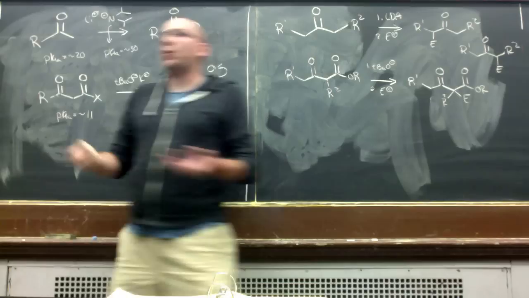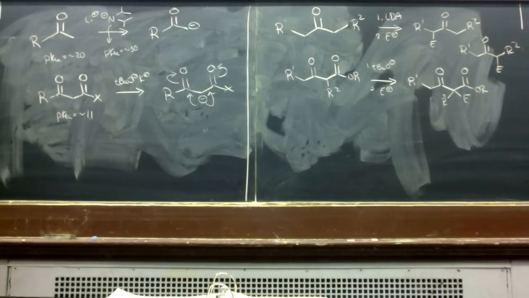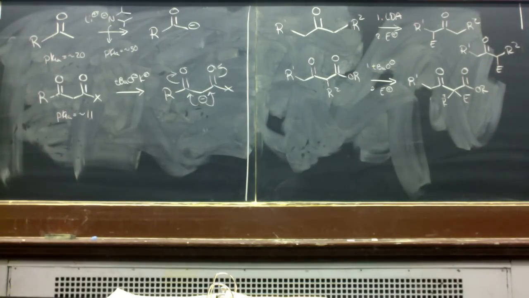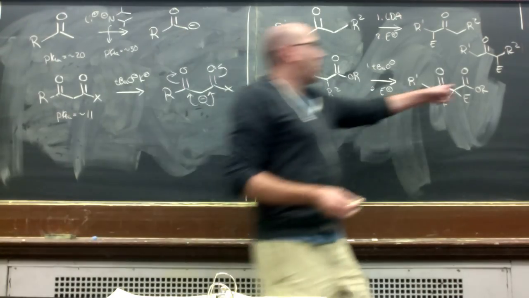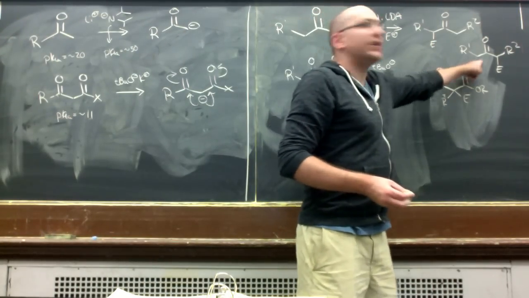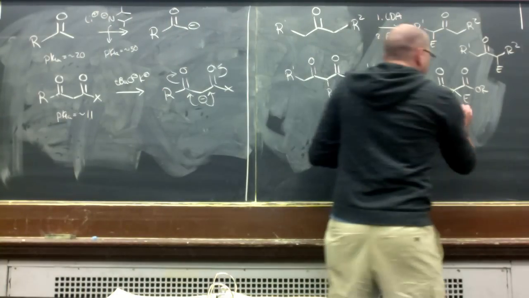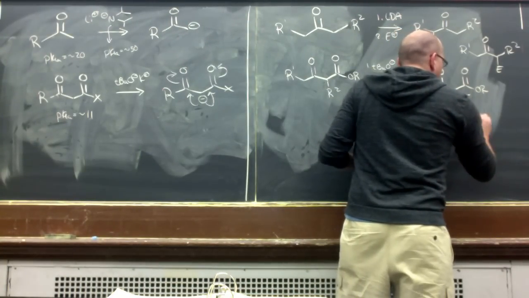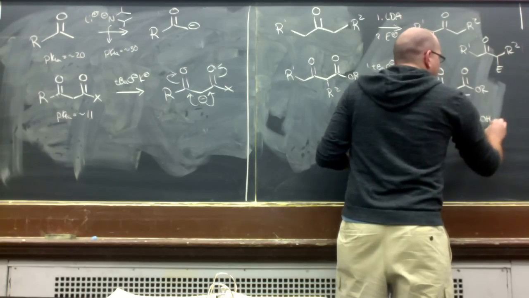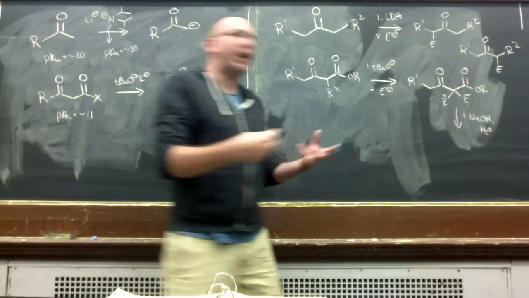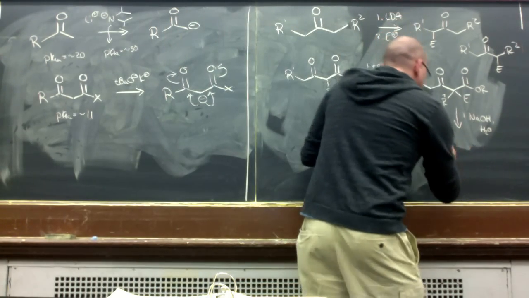okay, well great, that's not what I want to make, right? But if we wanted to get rid of this group, what did we learn a couple classes ago about how we might be able to chew off this group and get to this? Right, so the first step will be saponification. So let's just say sodium hydroxide water, for example, or perhaps acidic saponification, some type of hydrolysis of this to the carboxylic acid.